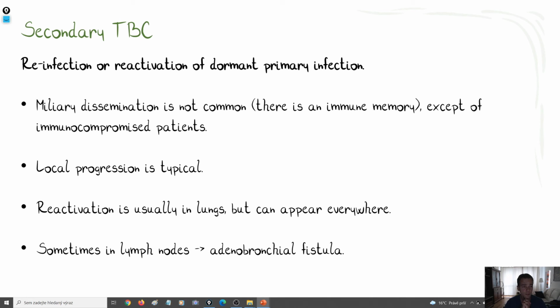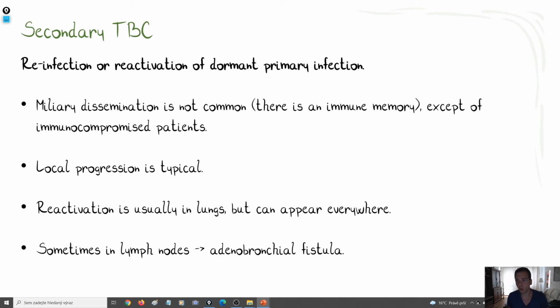And as I said, miliary dissemination is not common because there is some sort of immune memory that modifies the way of the progression and that modifies the morphology of the disease. Immunocompromised patients are exceptions because they can develop miliary dissemination very easily, but usually miliary dissemination is not so typical for secondary TBC.